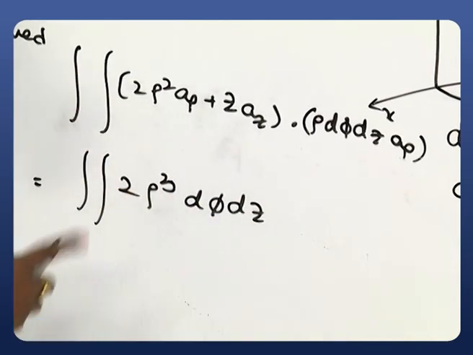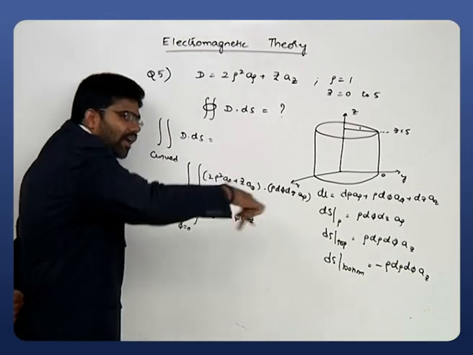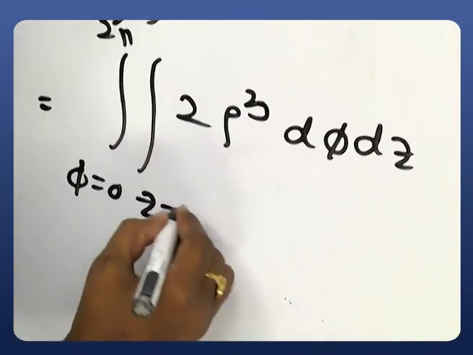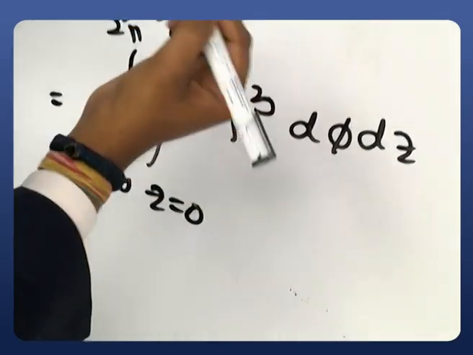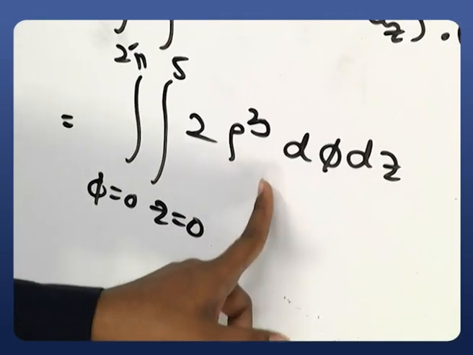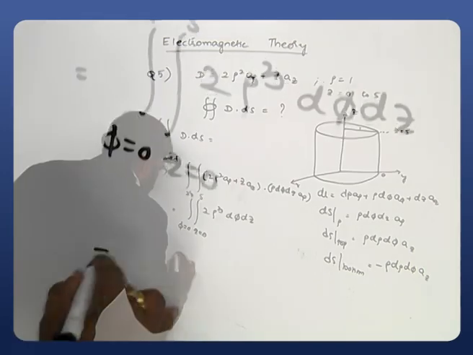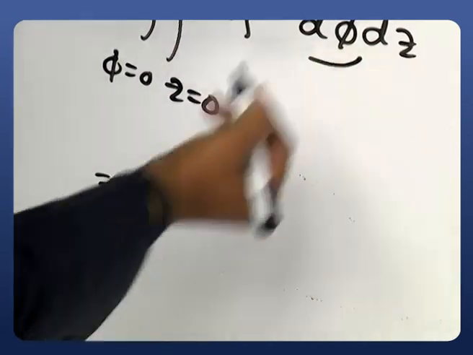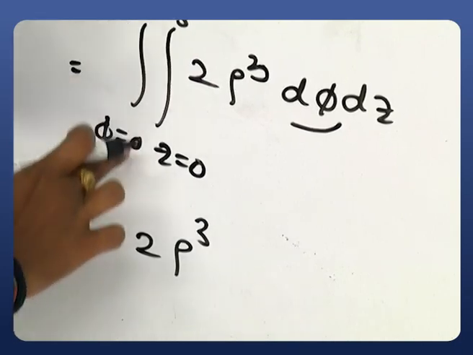The limits for phi are 0 to 2 pi for the entire cylindrical surface, and z is from 0 to 5. Since there is no rho component in the differential integration, rho can be treated as a constant. So 2 rho cube is what I am taking out. With d phi, if you integrate, d phi becomes phi, and the phi limits are from 2 pi to 0.